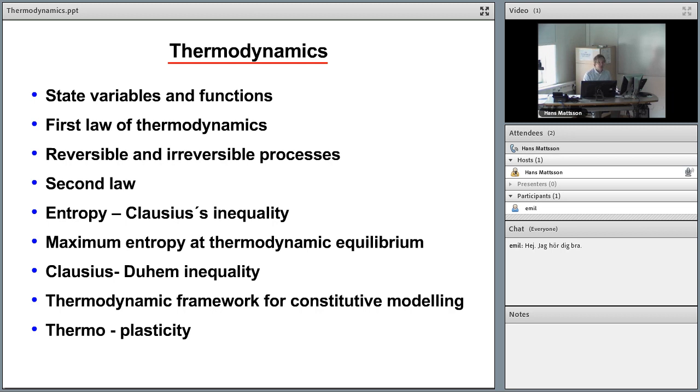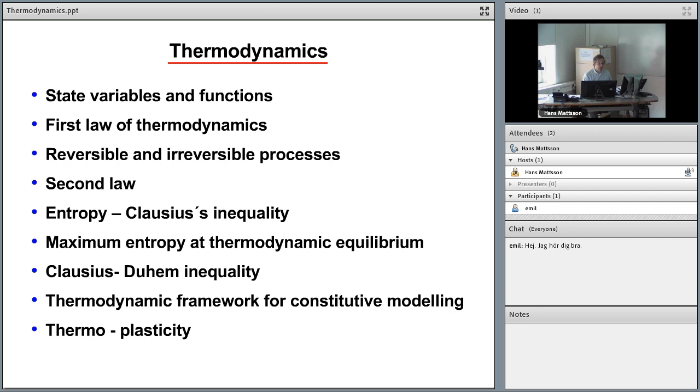So you have to read through chapter 20 in order to understand thermodynamics if you haven't taken any course on higher level in thermodynamics. And the most important thing in this lecture is the thermodynamic framework for constitutive modeling.